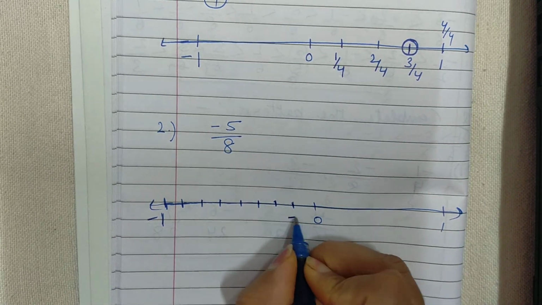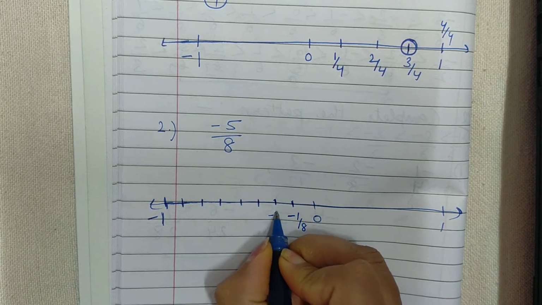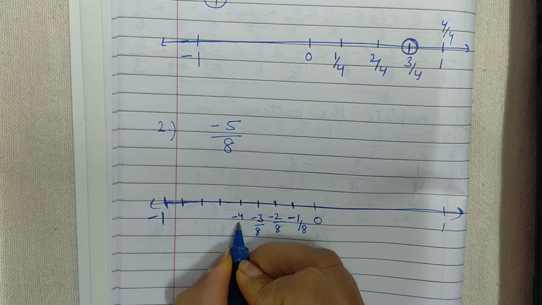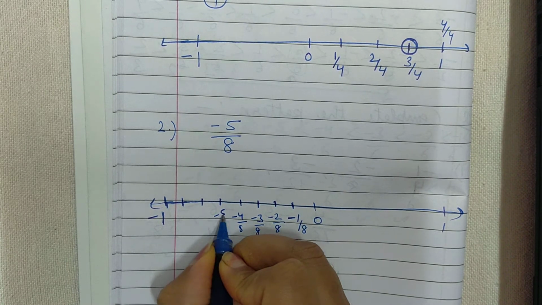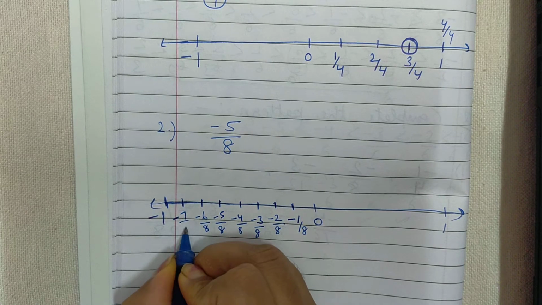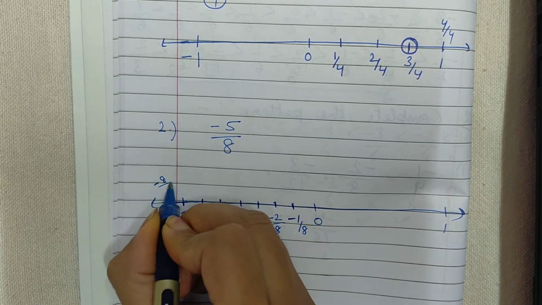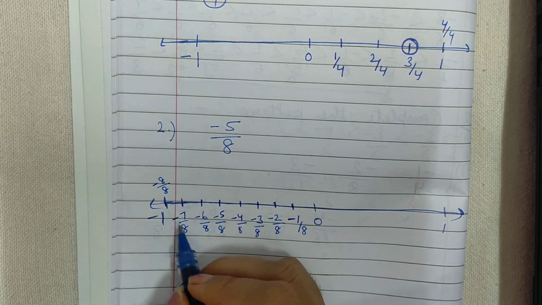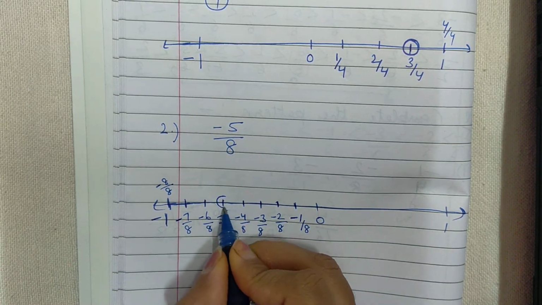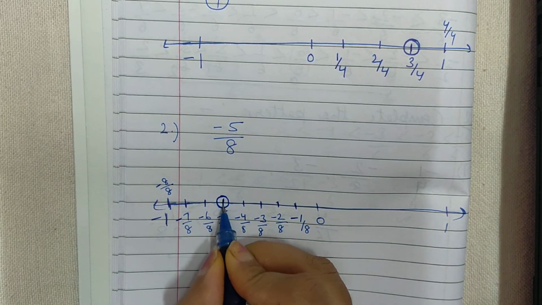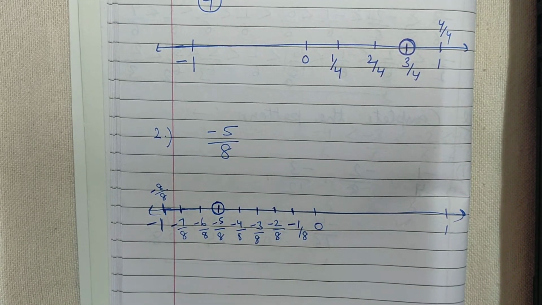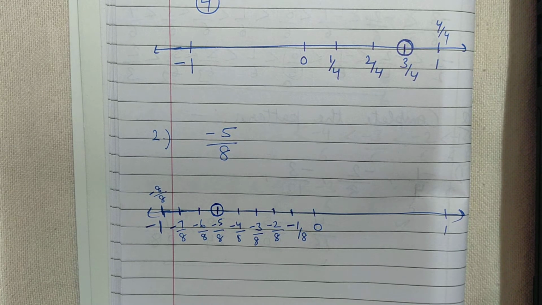Now it is -1/8, -2/8, -3/8, -4/8, -5/8, -6/8, -7/8, and this is -8/8, which is minus 1. So minus 5 upon 8 is here. This one is minus 5 upon 8. So that's how you will represent the rational number on number line.